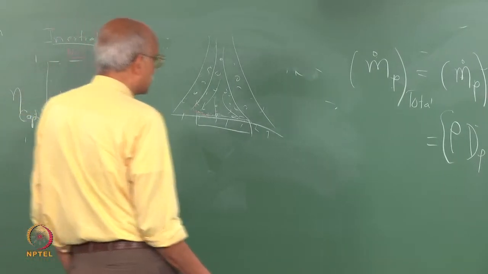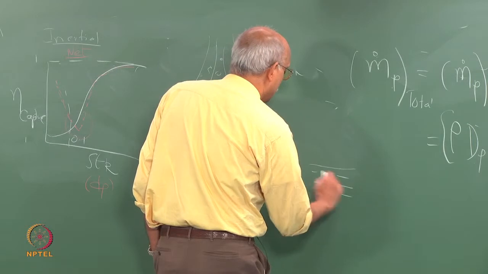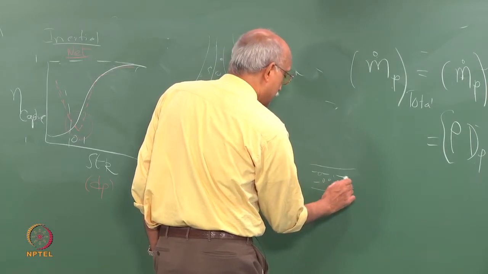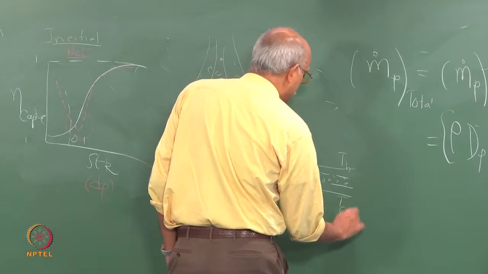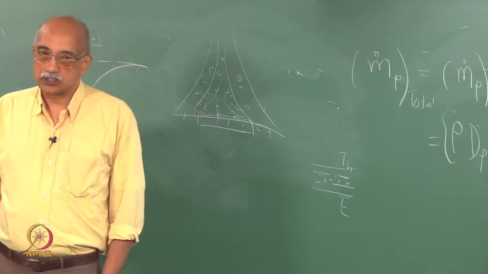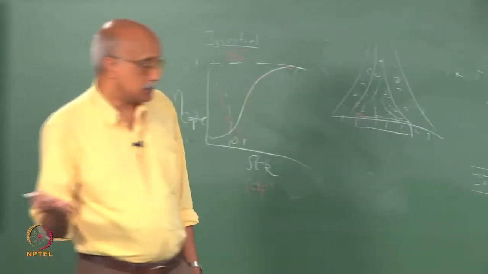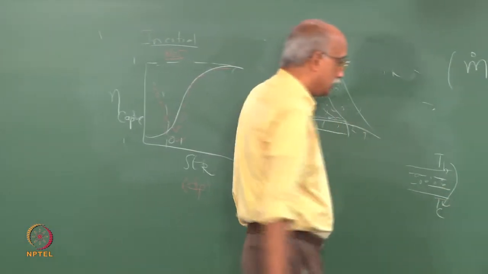Let us say that you have a pipe in which flow is happening and there are particles suspended, and you have a temperature gradient. So, the top wall is at some temperature Th and the bottom is at some temperature Tc. So, this sets up a temperature gradient, right.